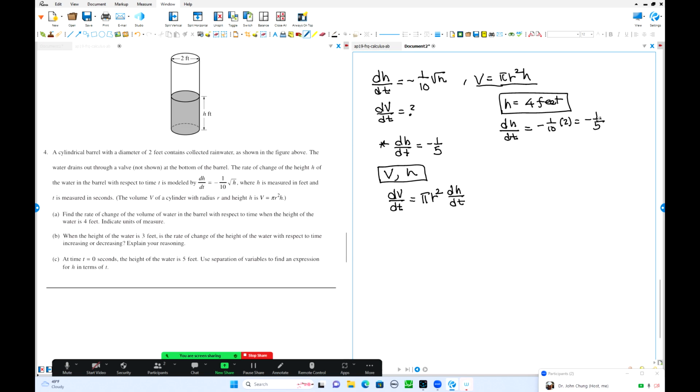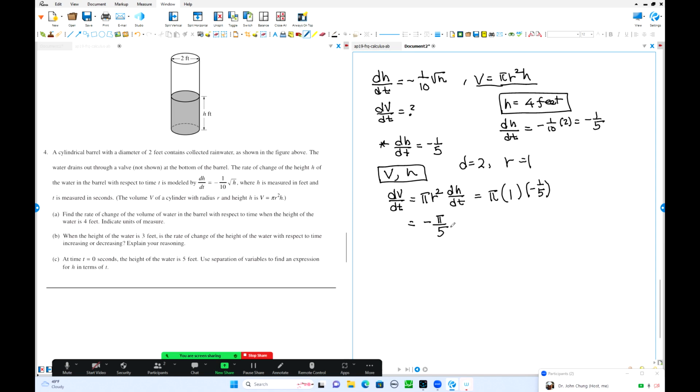So dh/dt is given by negative 1 over 5. Pi r squared: r is 1, because the diameter is 2, so 1 squared is still 1, and dh/dt is negative 1 over 5. Now simplify: pi times 1 times negative 1 over 5 is negative pi over 5.